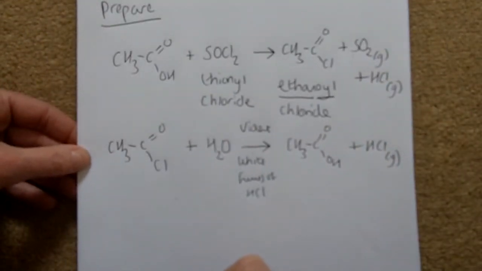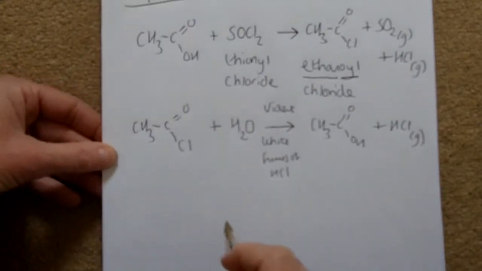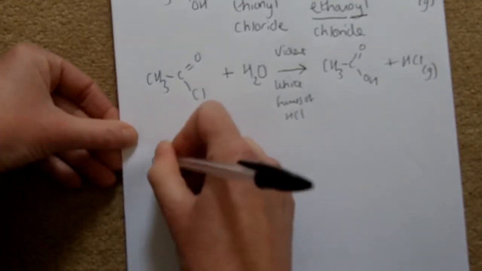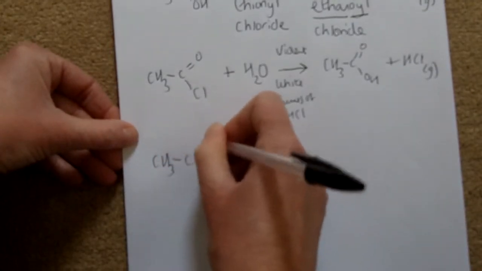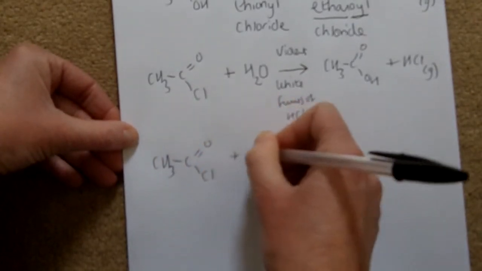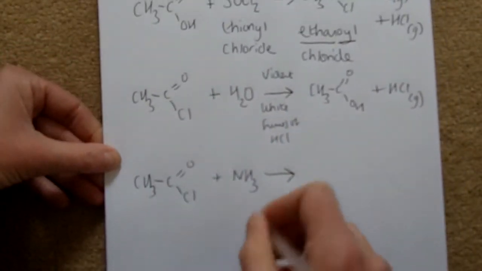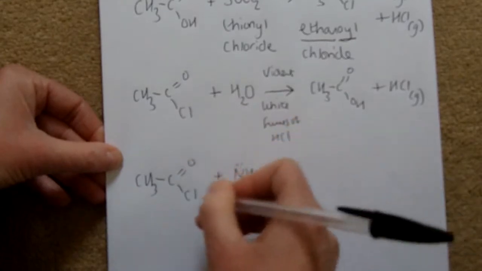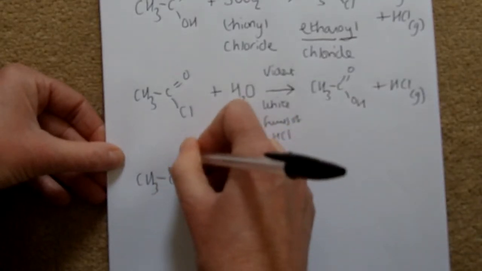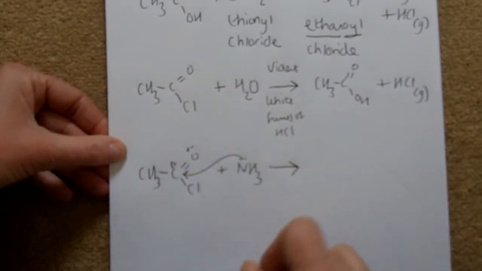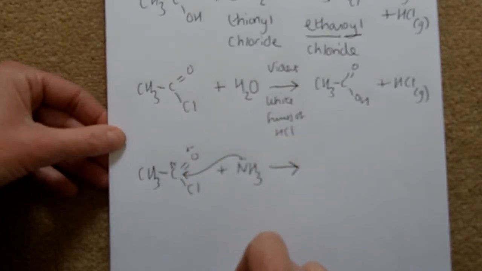Another thing you do with acyl chlorides, you make esters, but also if you took ammonia, and ammonia was the nucleophile, then it's very similar. This addition-elimination reaction happens.